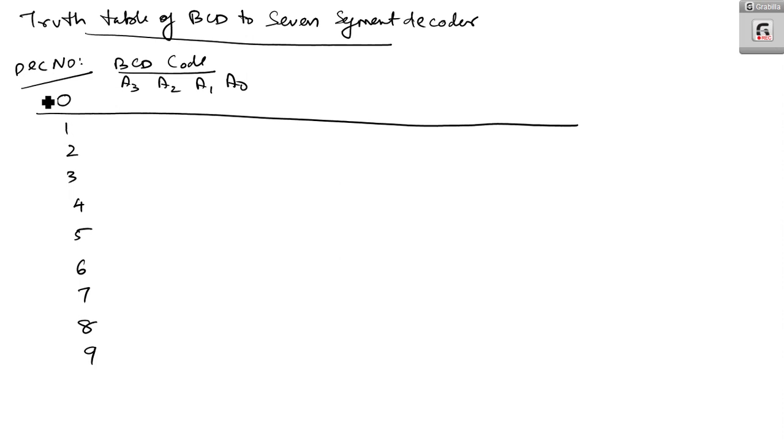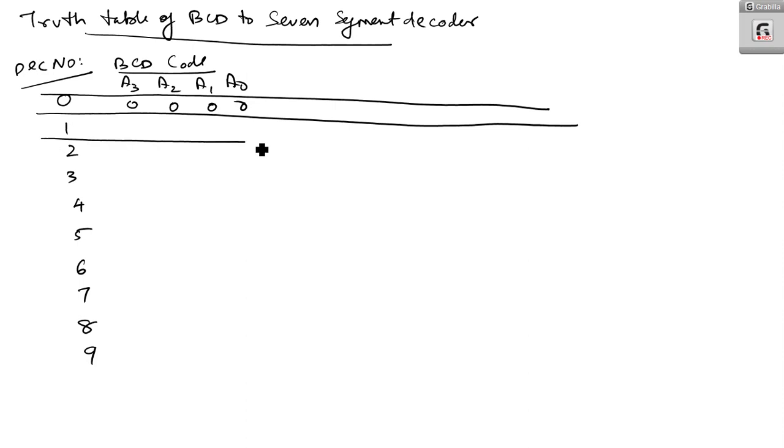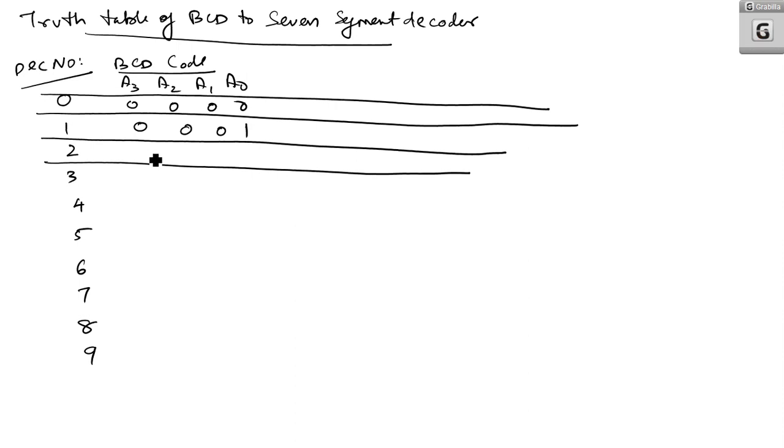For 0 we have 0, 0, 0, 0. For 1 we have 0, 0, 0, 1. For 2 we have 0, 0, 1, 0. For 3 we have 0, 0, 1, 1.